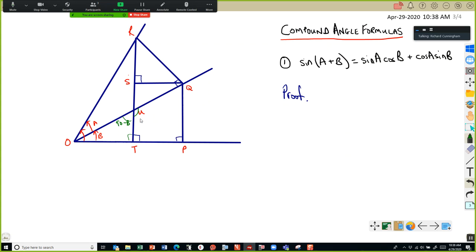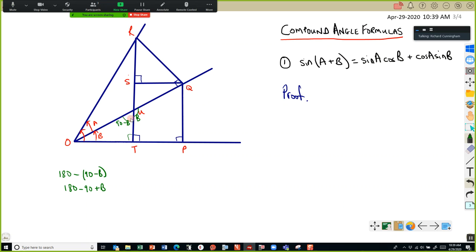Don't write the stuff in green. It's 180 minus 90 minus B, so that's 180 minus 90 plus B. That gives me B. So this angle in here is B. Is that okay?